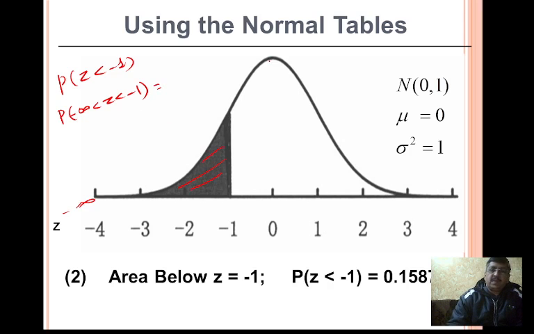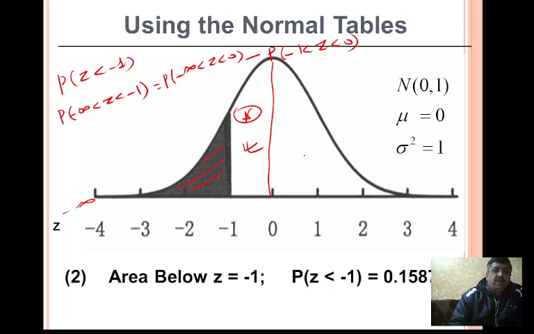From the previous example you can see that we know the value of this entire part, that is the probability of minus infinity to z to 0, which is 0.5. We know this, minus we can find this value from the table, that is the probability of minus 1 to z to 0.